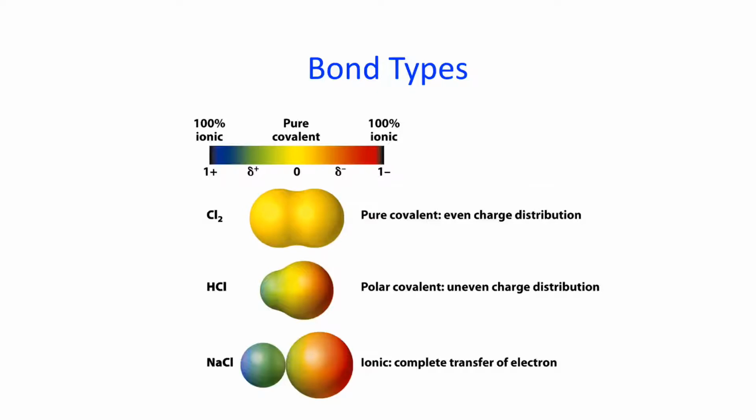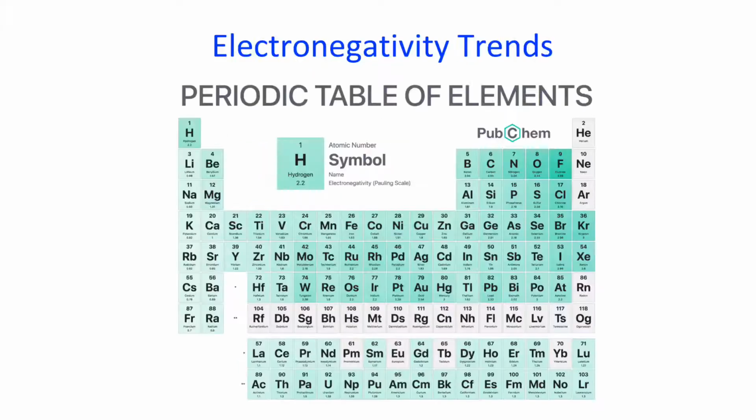There's clearly a gradient over which these electrons can be shared. So we have systematic cutoffs for when we say something is purely covalent, polar covalent, or ionic. The tool that we use to determine those cutoffs is the electronegativity of our atoms.